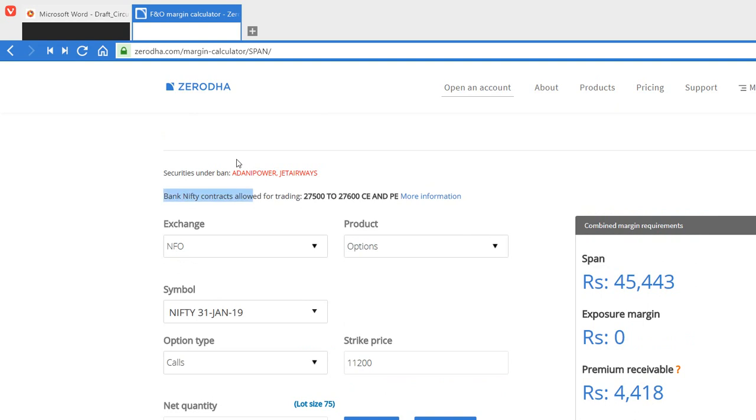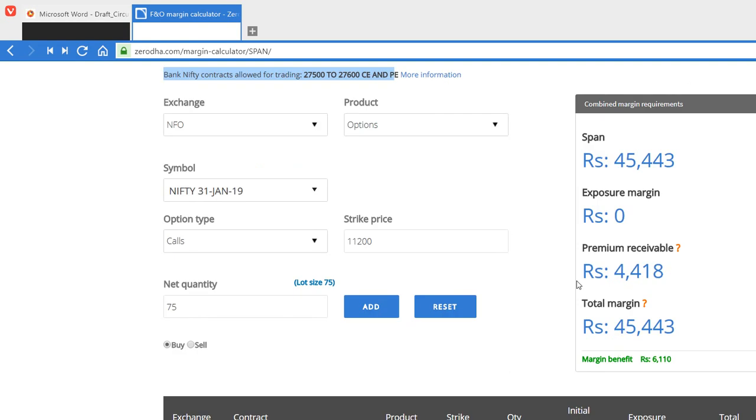I have already spoken about this in another video, but this is exactly what is going to happen from 21st of Jan. The margins will increase for futures and options selling. So this update is basically for people who sell options and also trade futures.